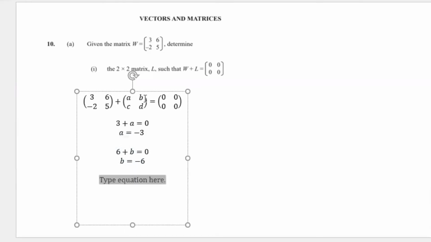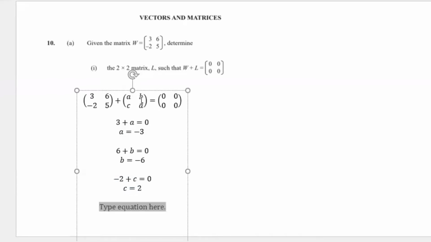You'll do the same thing for C, which will be negative 2 plus C is equal to 0, and therefore C is equal to a positive 2. Same thing for D. 5 plus D is equal to 0, and therefore D is equal to negative 5.